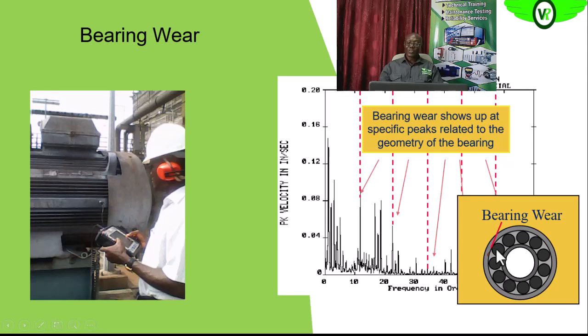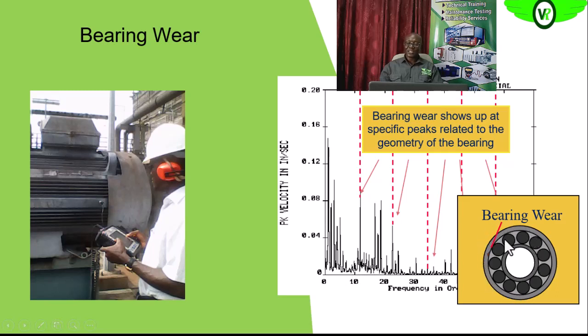Since we have 1, 2, 3, 4, 5, 6, 7, 8, 9, 10, 11 balls on this bearing, information about this bearing will be seen around 11 times RPM, that is 11 times the fundamental frequency, which is around this area.